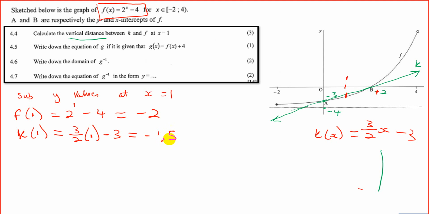So now, to find out the distance, and we're looking at a vertical distance, all we have to do is subtract the absolute value of those y values, and we are saying that we're going to take minus 2, which represents 2 units.